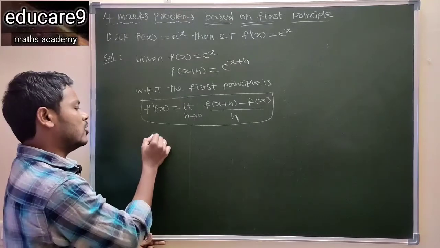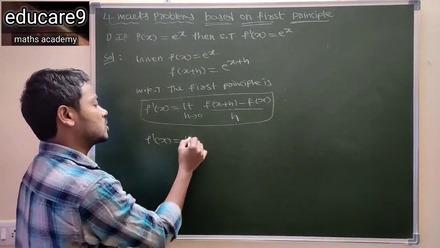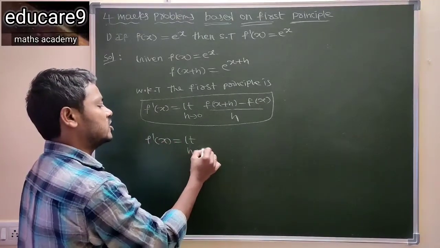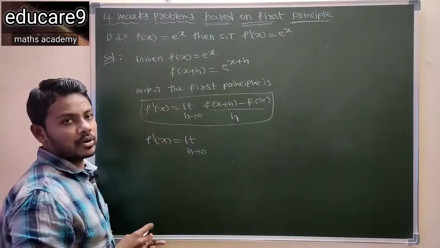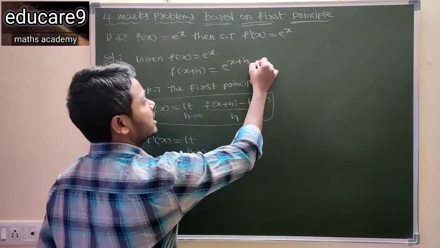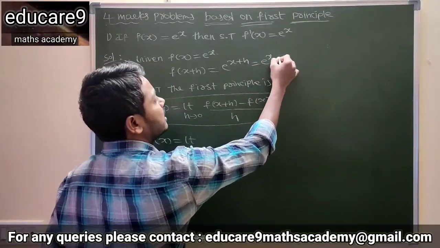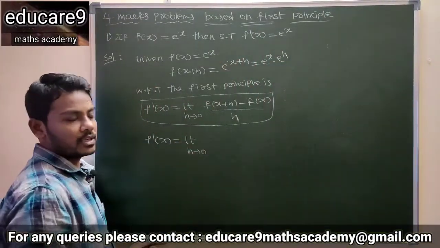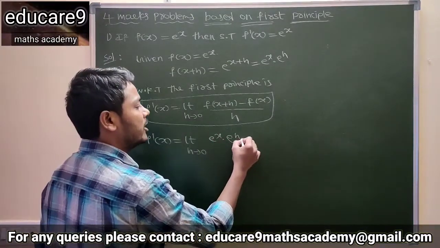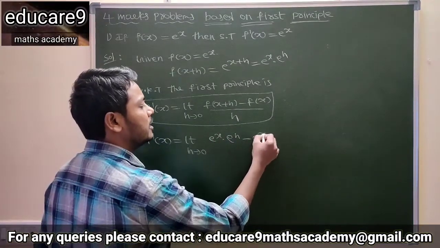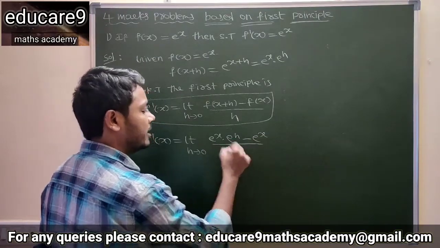Therefore f dash of x is equal to limit h tends to 0. What is f of x plus h? That is e power x plus h, which can be written as e power x into e power h. So write this value: e power x into e power h minus e power x, by h.